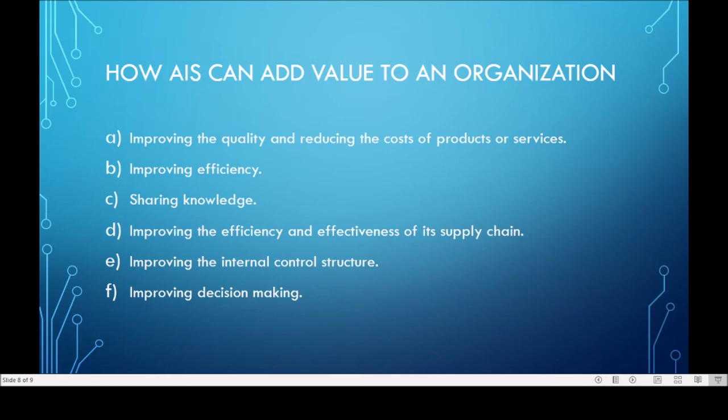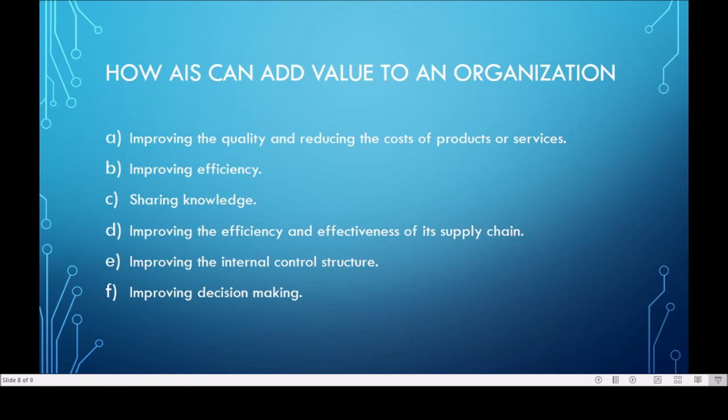Letter E, improving the internal control structure. Because AIS can identify which control is weak or open to fraud, it can provide how we are going to eliminate, if not eliminate, minimize those frauds that may exist in the business organization.